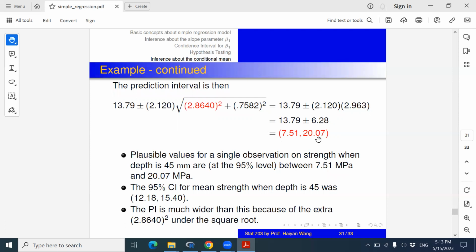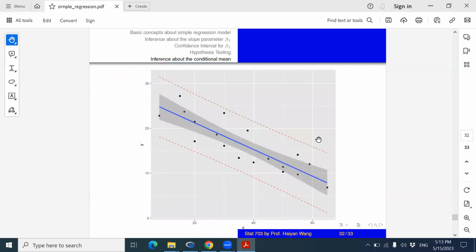Okay. For this example, if you consider different values of X and consider the confidence interval and prediction interval, the gray area is the computed confidence interval for different x. Say I have x here, which is around 10.